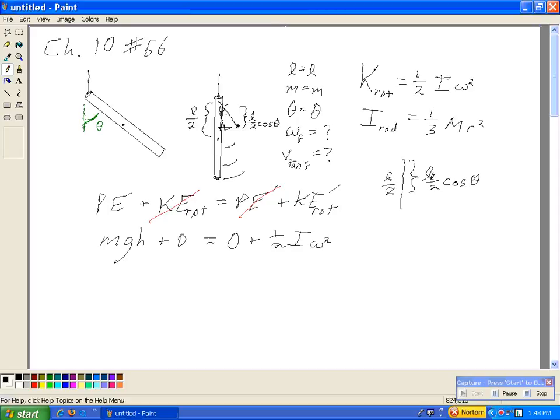And by subtracting this, we'll get this piece. And that's the distance the center of mass falls. So that's L over 2 minus L over 2 cosine theta. So the height is L over 2 minus L over 2 cosine theta.